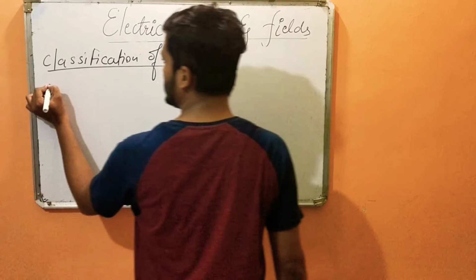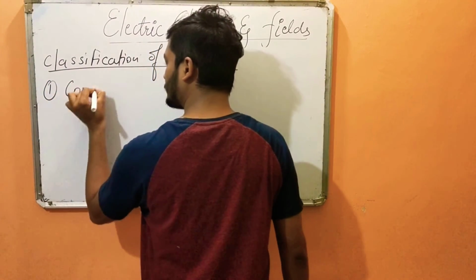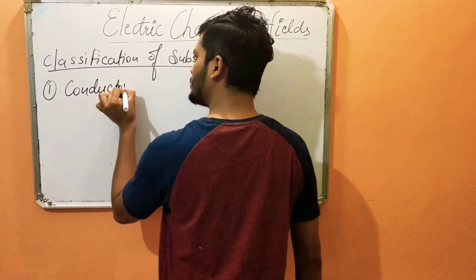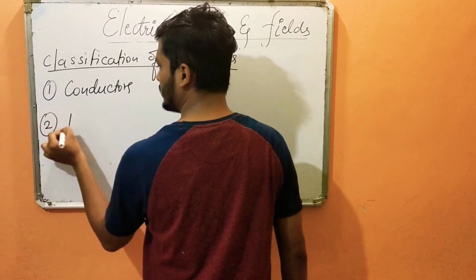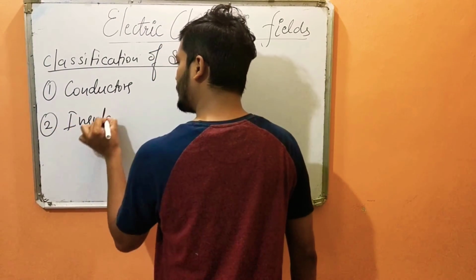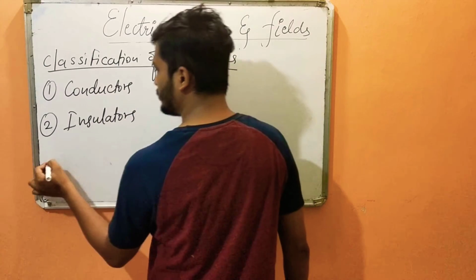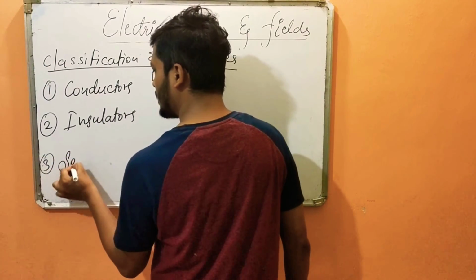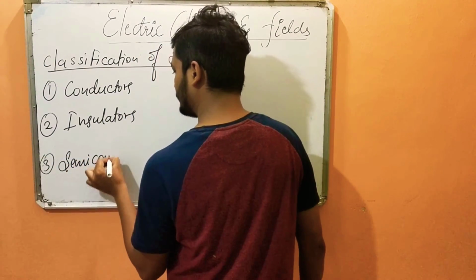The first one is conductors. Already you know about this, just a brush up. The second category is insulators, and the last one is semiconductors, right?